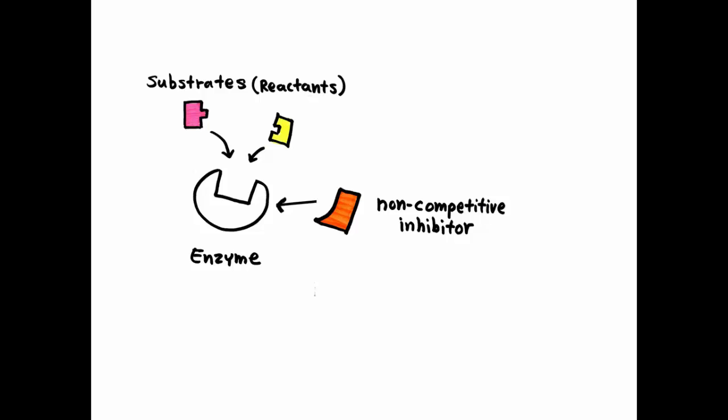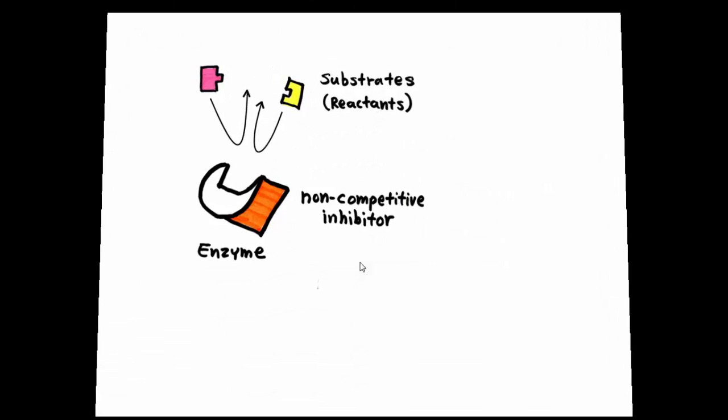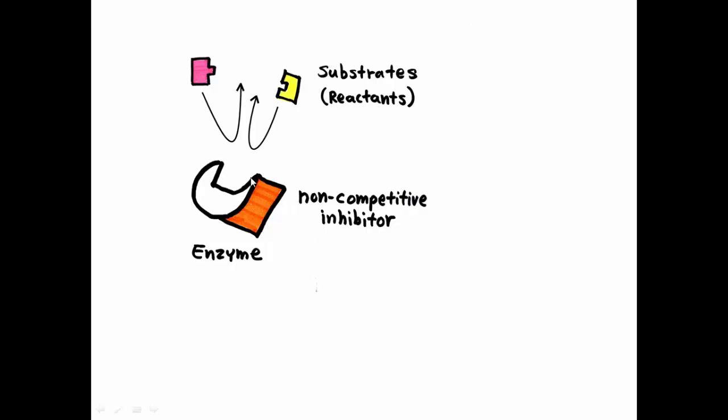Some inhibitors are non-competitive, which means they do not fight for the active site. Therefore, in lower concentrations, non-competitive inhibitors can attach to a site outside of the active site to render the enzyme non-functional. When attached, in this illustration, it warps or changes the shape or the positioning of the functional groups in the active site.